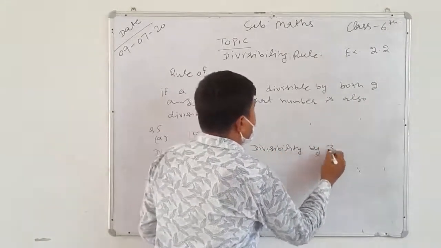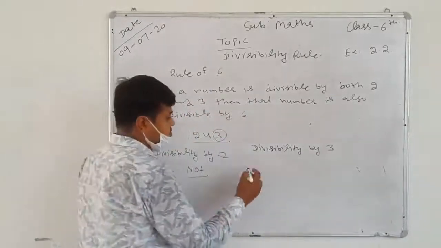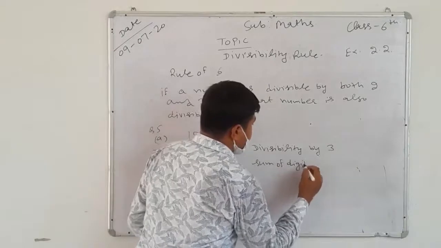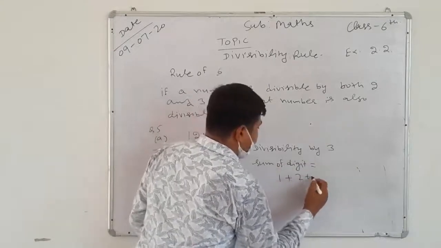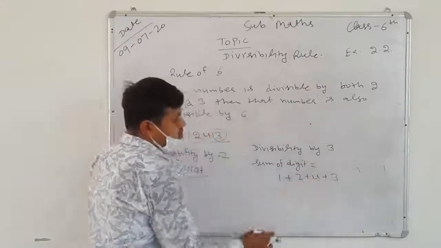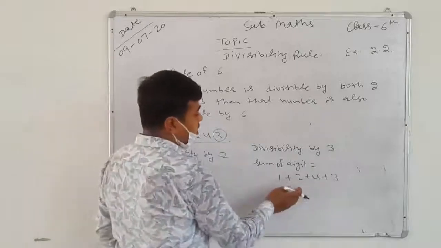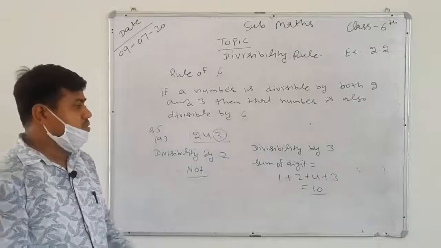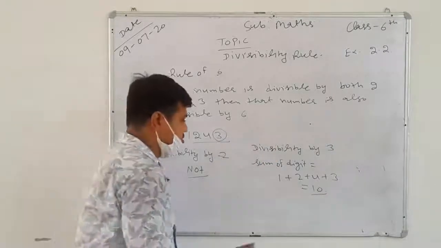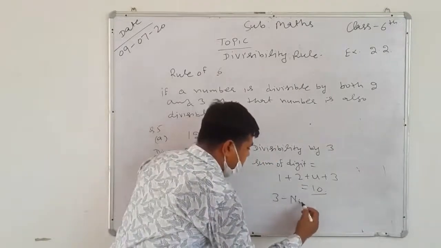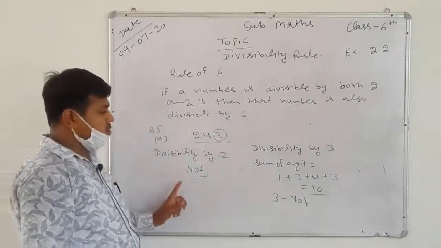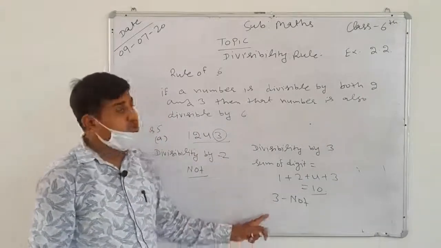For divisibility by 3, take the sum of digits. 1 plus 2 plus 4 plus 3: 4 plus 3 is 7, 7 plus 2 is 9, 9 plus 1 is 10. We know that 10 is not divisible by 3. So it is not divisible by 3, and not by 2 either.